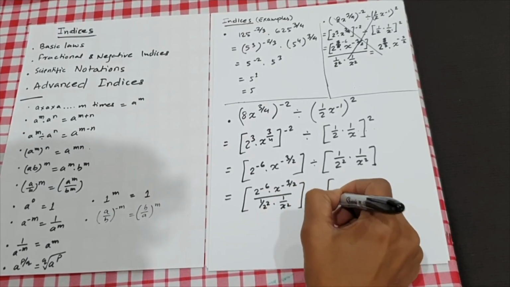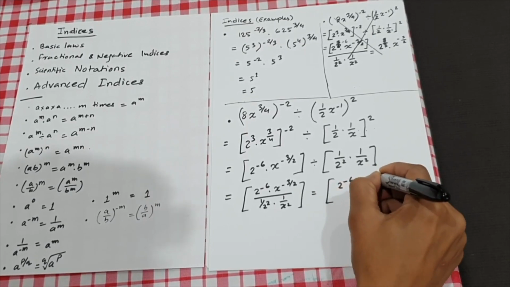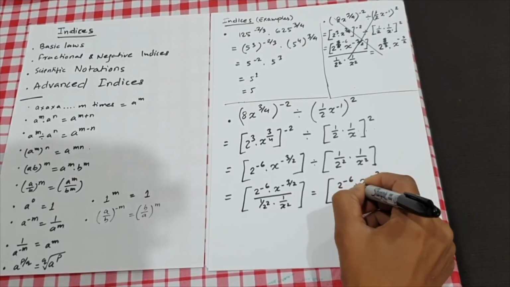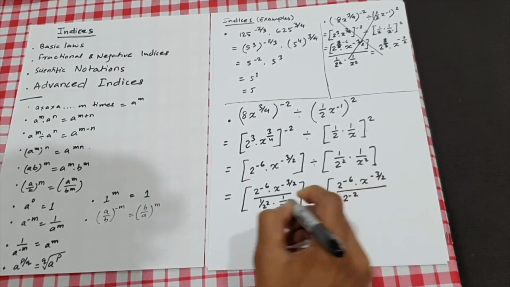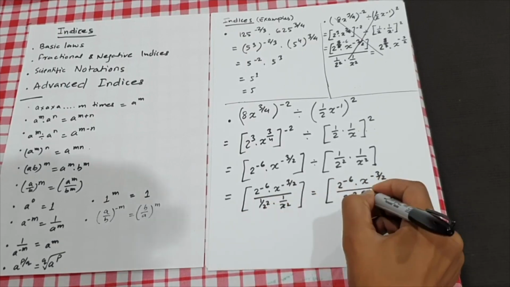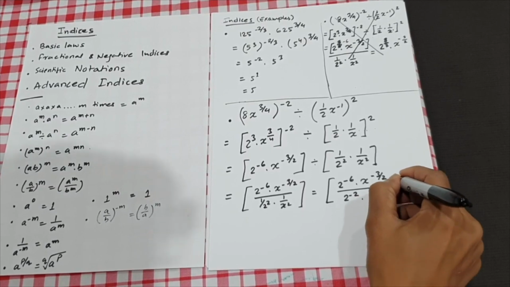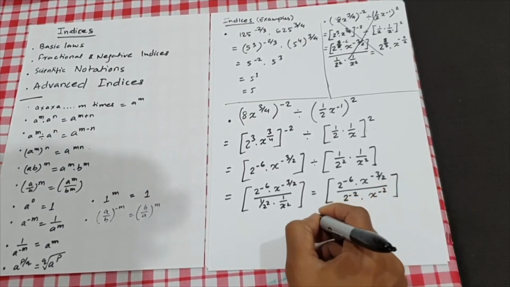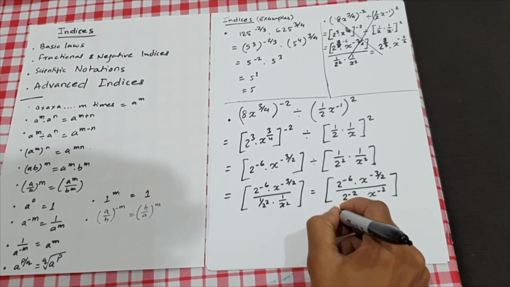This can also be written as 2 to the power minus 6 times x to the power minus 3 by 2, divided by 2 to the power minus 2. Remember, when you want to do a reciprocal of a number, you take a negative sign. Sometimes taking a negative sign is more useful. And this is x to the power minus 2. Same process. So I'm just following it up here.